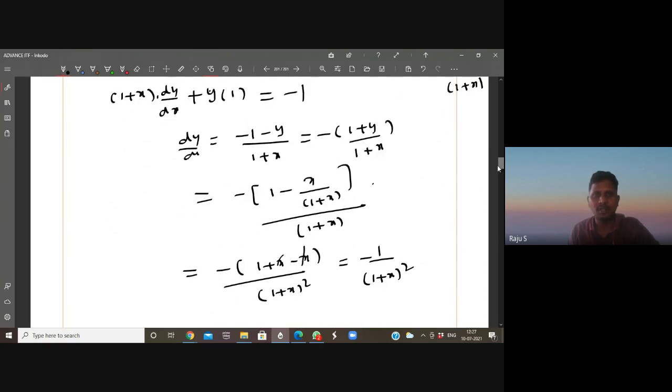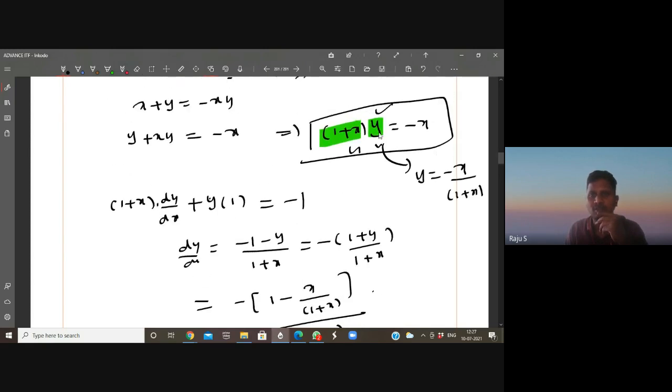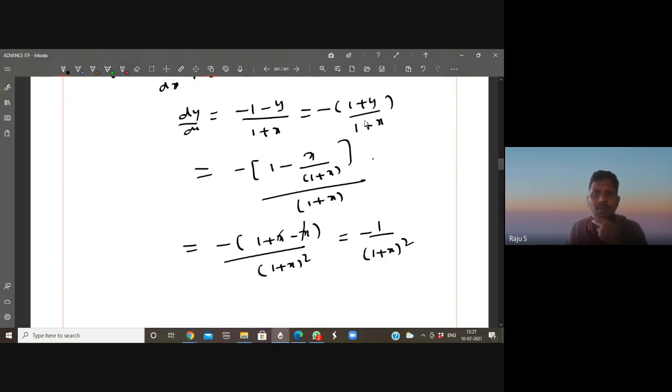You'll get dy by dx, but here dy by dx is mixed, with x variable and y variable, while in the given options we have only the x variable. So from the above condition, y can be written as minus x by 1 plus x. After finding dy by dx, replace y by minus x by 1 plus x and simplify, and you'll get the answer.